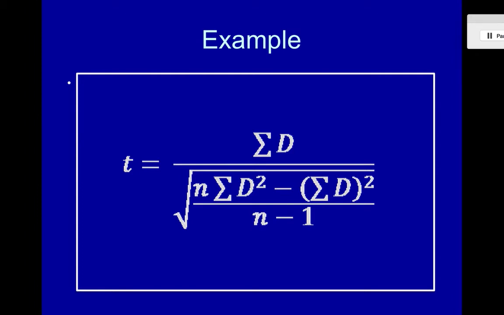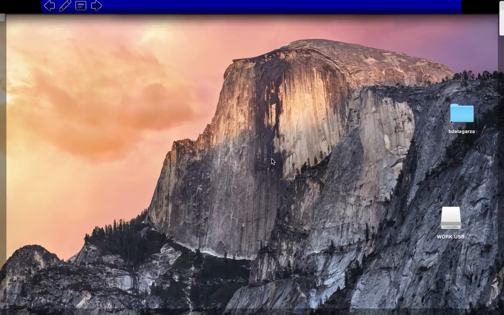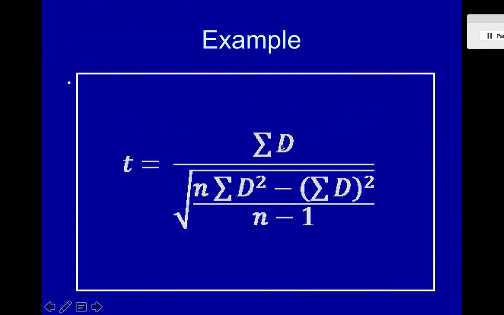So our value of 30 that we already have for the sum of D in our numerator, we're now going to square. And we also know that in our denominator we have a value of 24, because our sample size minus 1 is 24.